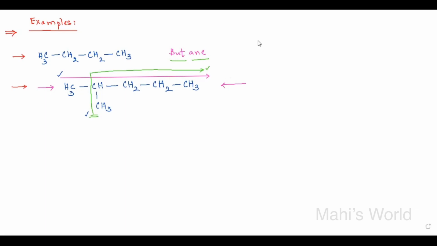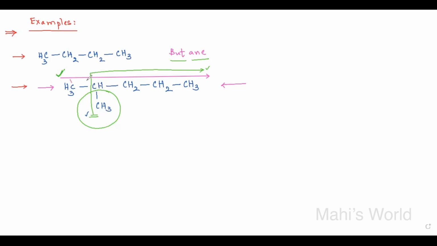Remember, when you give numbers from a particular end, see that the side chain, suppose if you consider this is a side chain, then the carbon to which the side chain is connected should get the least possible number.